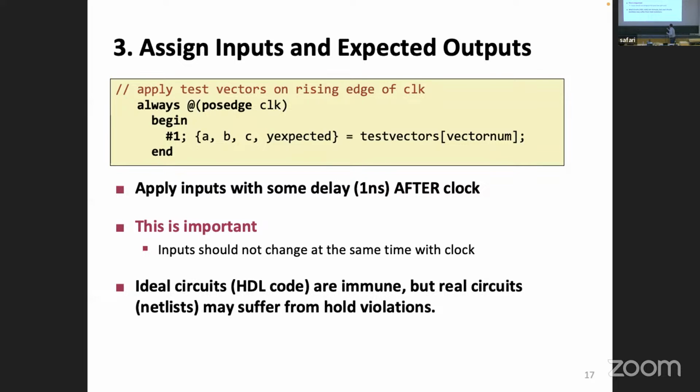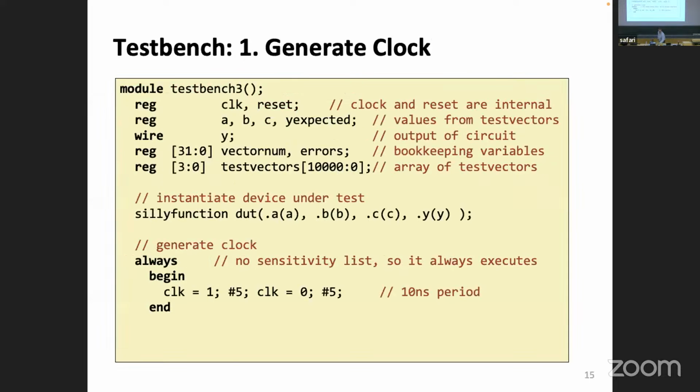At some point, this will be test vector number 3. Whatever the value is, should apply to A, B, C, and Y expected. What are these? Well, if you go back, the input of the device is A, B, and C. So these inputs would come directly from the test vector, whichever number, right? So this was the vector num.